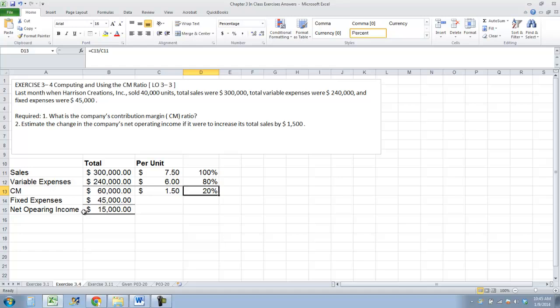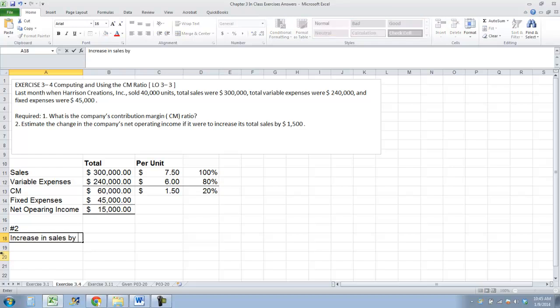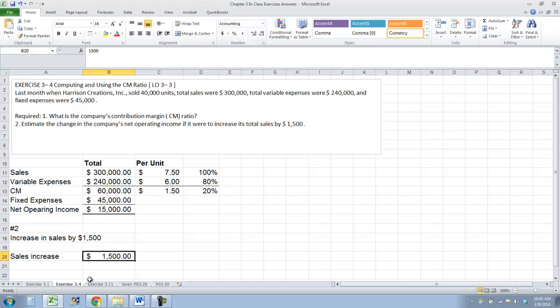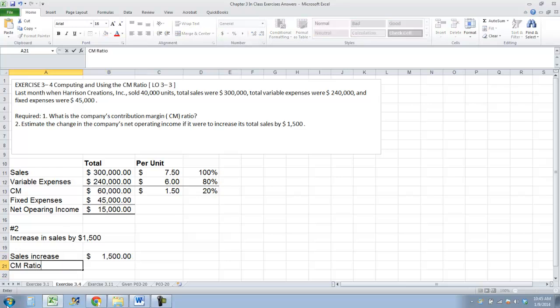So, in order to figure out what the change in net operating income would be if there was an increase of $1,500 in sales, we can actually save steps. We don't even need to substitute. So, number 2, increase in sales by 1,500. Okay, so we would take the sales increase of 1,500, and we would multiply by the CM ratio, which is 20%.